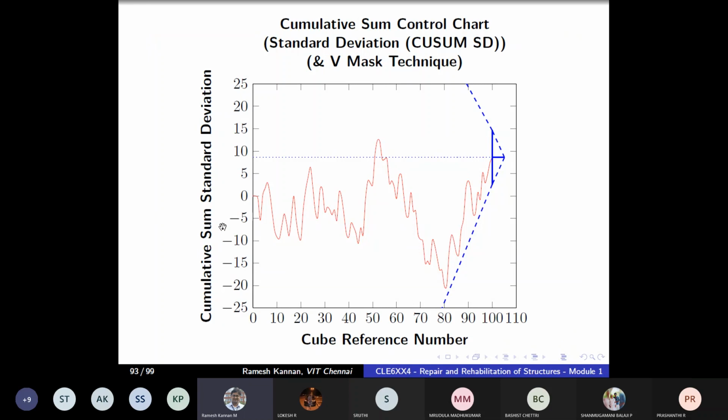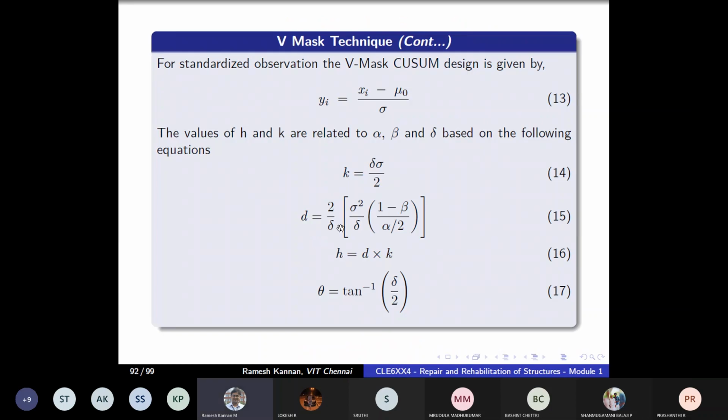So cumulative sum standard deviation, so QSUM standard deviation, and we take the last value, the final extreme value, then what we do is that is the origin for the V. So that's the origin for the V, and we will have some factor called capital D, which is equal to 2 by delta, and this is the formula.